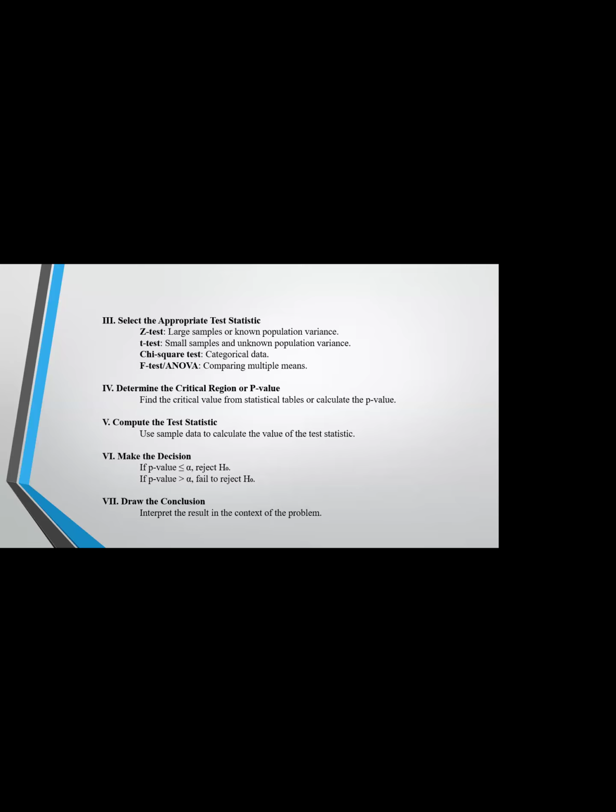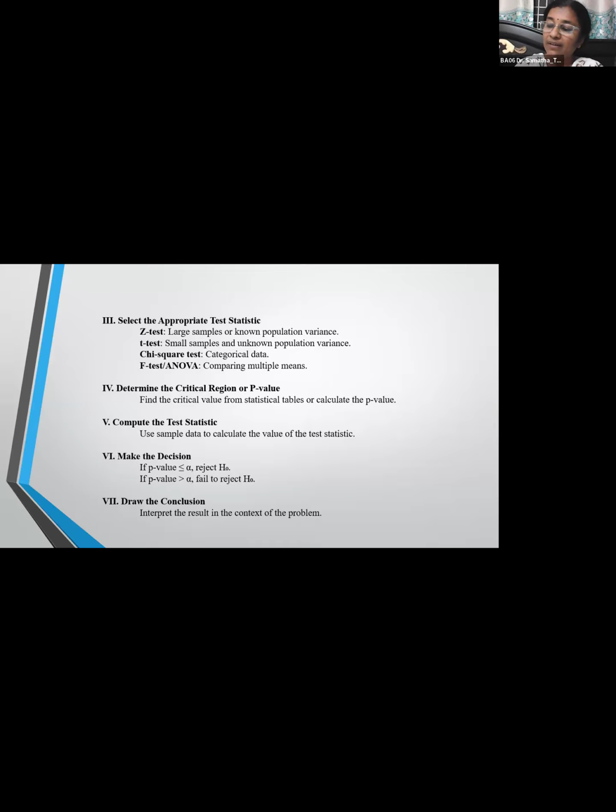Yes, ma'am. If P value is greater than alpha. Table value. So if your calculated value is greater than table value, then reject the null hypothesis. Right? Here I have given it in reverse. Sorry.